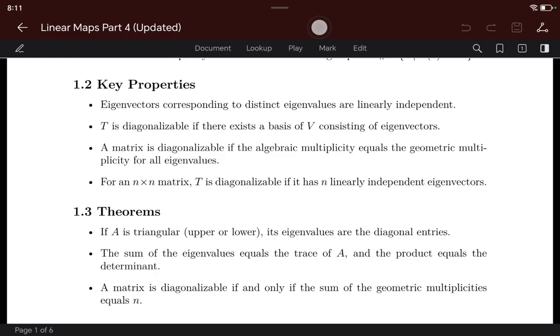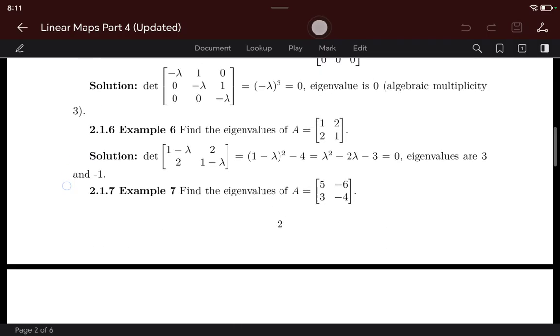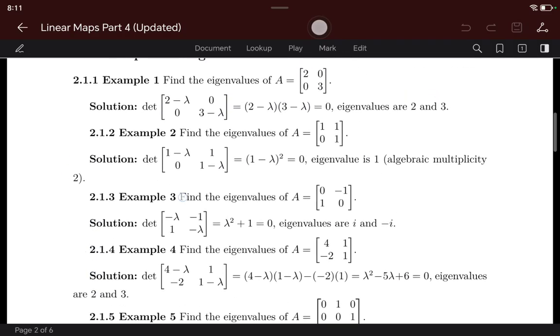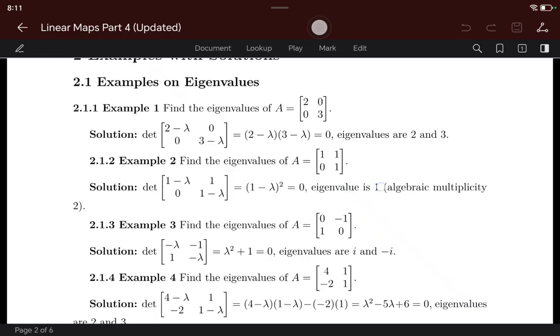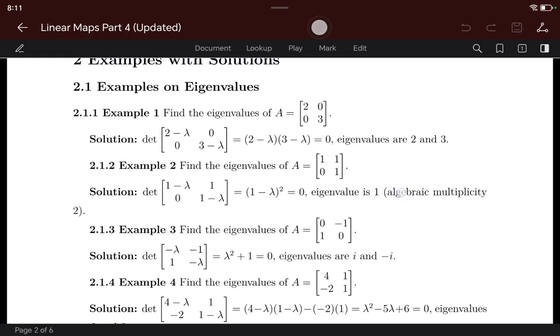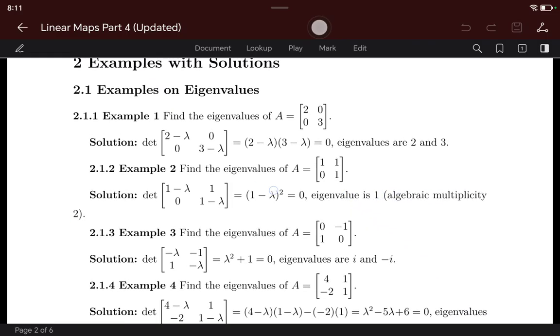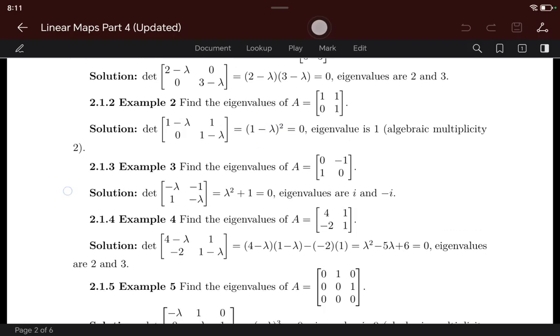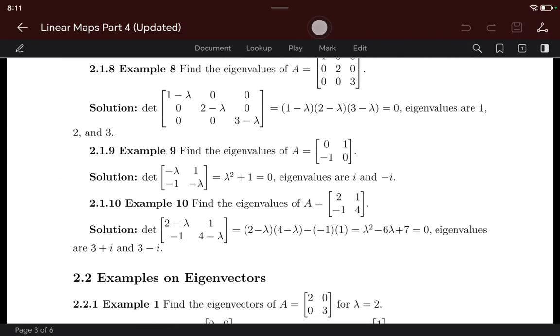But here they are not. 2 is not equal to 1, you see right now. So let's start by checking our eigenvalue is 1, and the algebraic multiplicity is 2 because there are 2 of these ones, right? Now we look at the eigenvector.